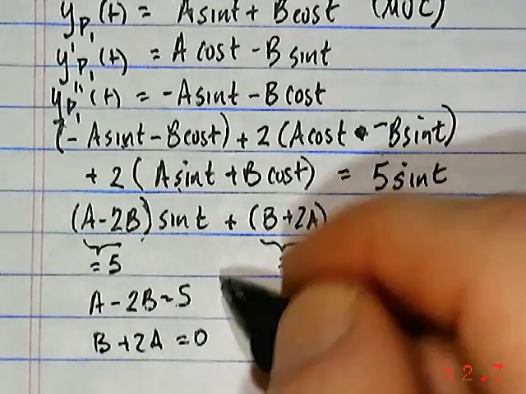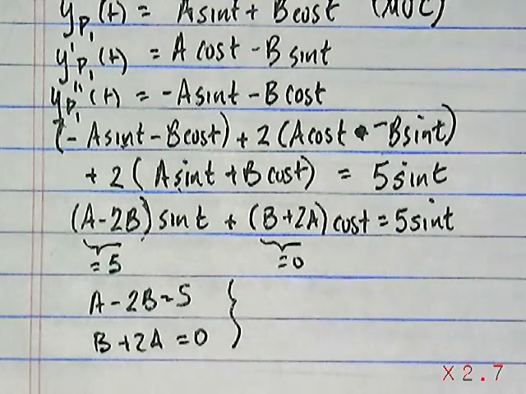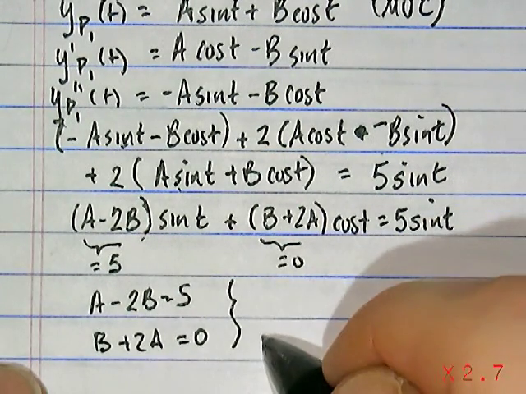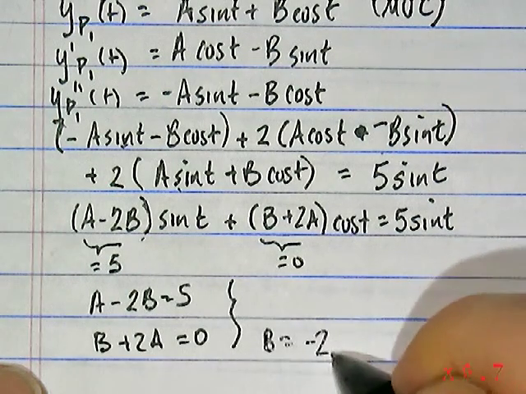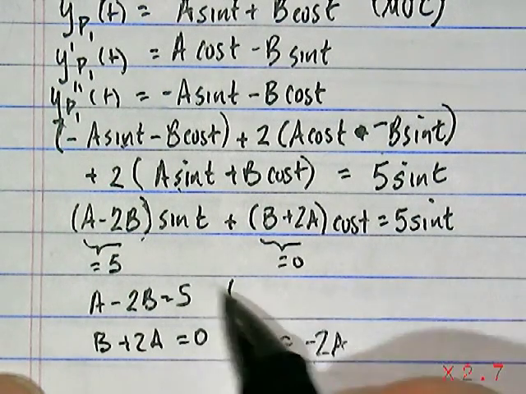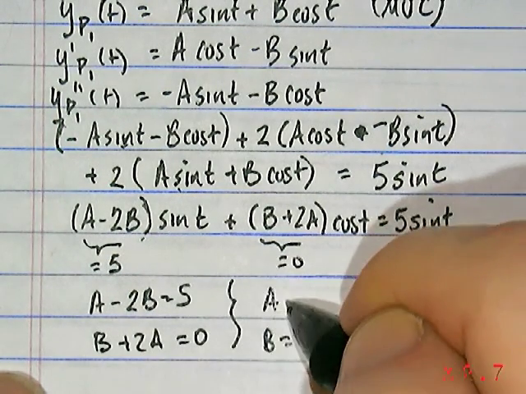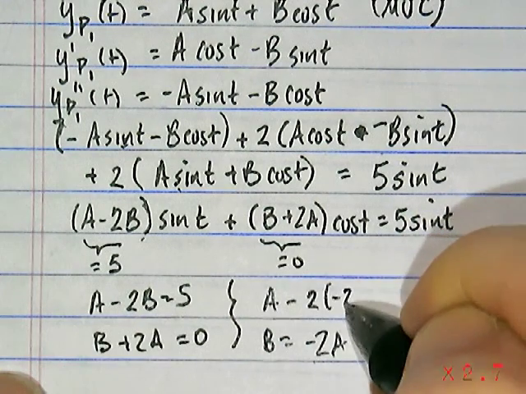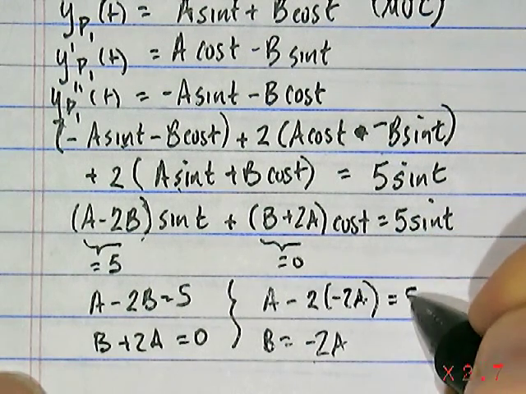And of course, to solve that, there's a couple of different ways you could solve it. You could say, well, I know immediately that b has to be equal to minus 2 times a, then plug that into the first equation. That says a minus 2 times minus 2a has to be equal to 5.